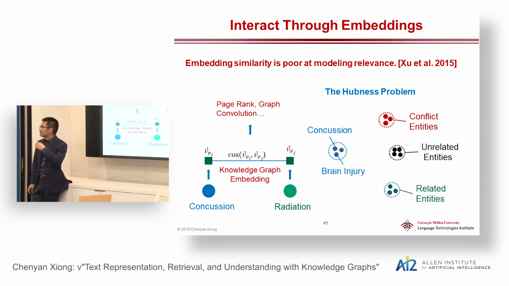One problem we found is a harmless problem: because it is a very high-dimensional embedding space, it is very reasonable to assume any embedding model can do a reasonably good job of grouping things that are very similar to each other in a close neighborhood. For example, brain injury and concussion, most times we can group them, say these two are very similar with each other.